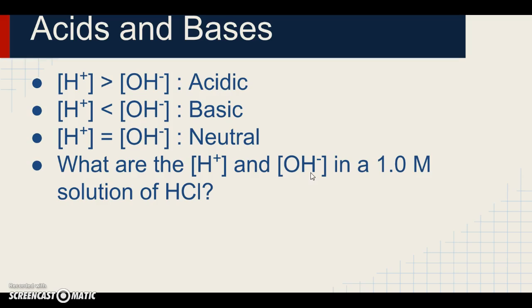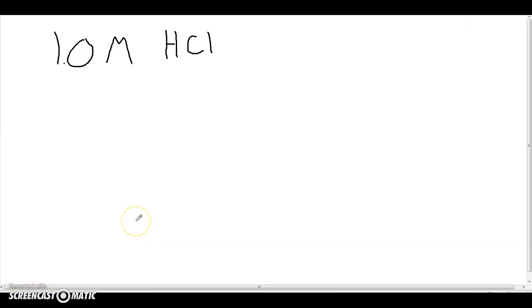So what if I asked you to do a quick little problem and tell me the concentration of hydrogen ions and hydroxide ions in a 1 molar solution of hydrochloric acid? Go ahead and try that, hit pause, and then let's resume and take a look at it together. And we're back. So we've got 1 molar hydrochloric acid.